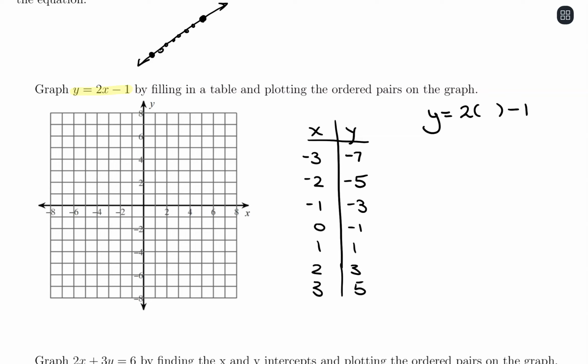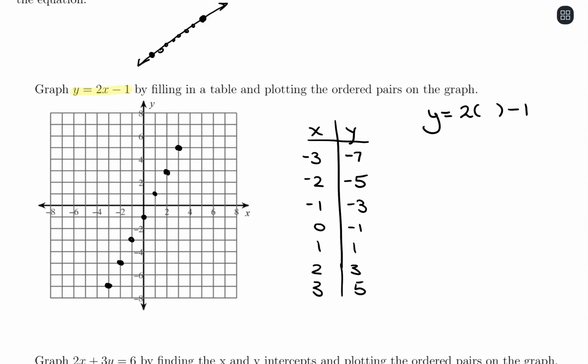All right, so we have a bunch of coordinates here. And let's see, (-3, -7), we'll have that coordinate there. (-2, -5), right there. (-1, -3), (0, -1), (1, 1), (2, 3), and (3, 5).